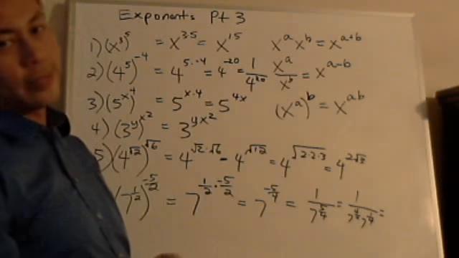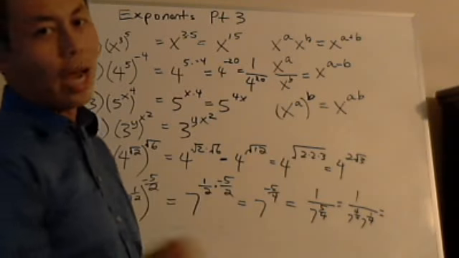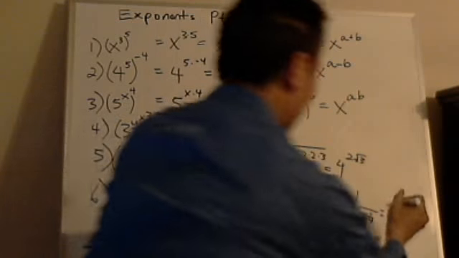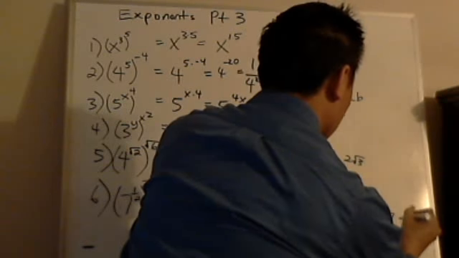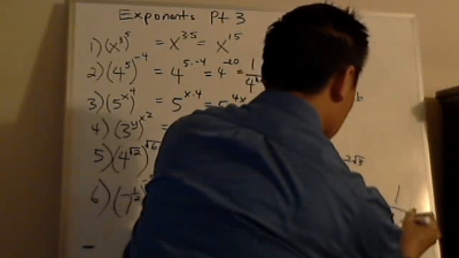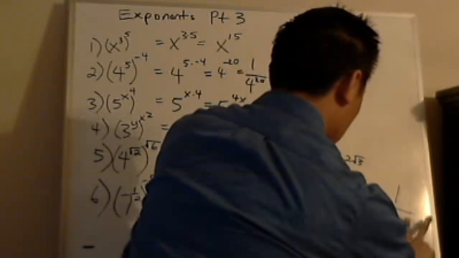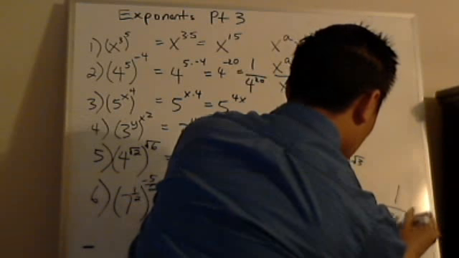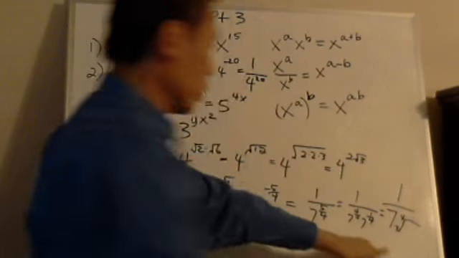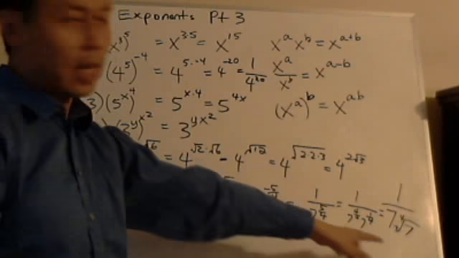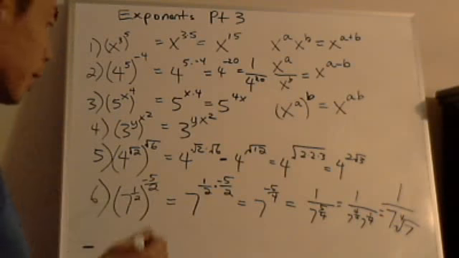And if you don't understand this, believe me, we're going to go over the radical chapters, and you'll understand it. I'll make another video for that. So it's 7 to the 4th root of 7. It's okay if you haven't covered this yet, and I'm going to have another video for that.